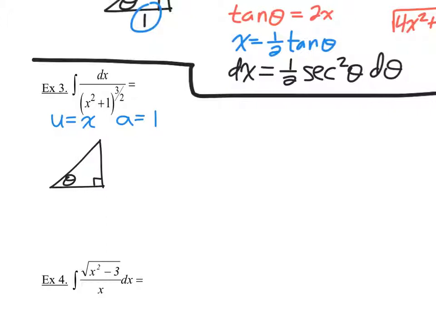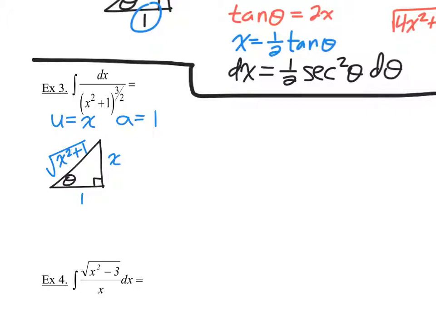If there's going to be a subtraction, the radical should be one of the legs. So my u and a values should be placed as legs of the right triangle. I'll put my u here, x, and my a here, and that'll give me the square root of x squared plus 1.